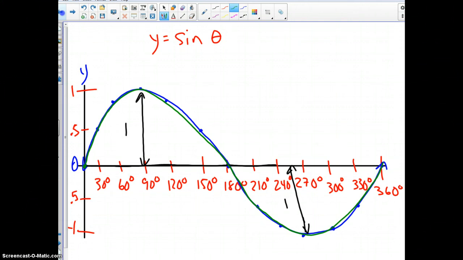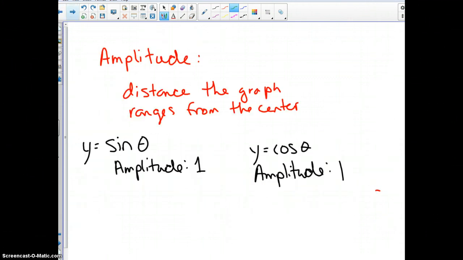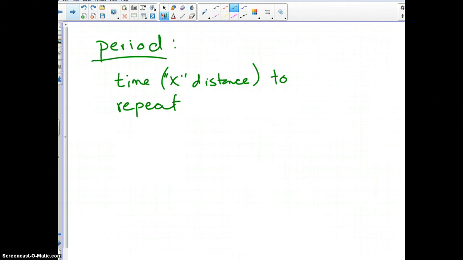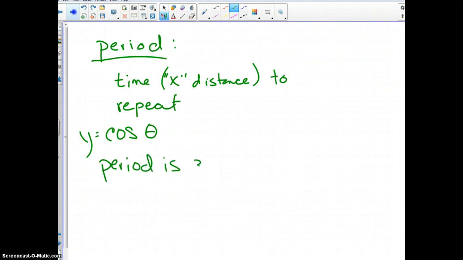Now again, if you think 360, we would just start over. So this is actually going from 0 to 360. So the period for the sine function, or y equals the sine of theta, is 360 degrees, or 2 pi.